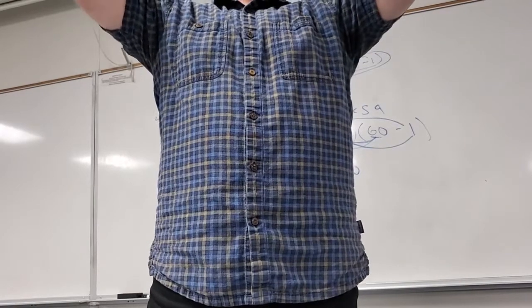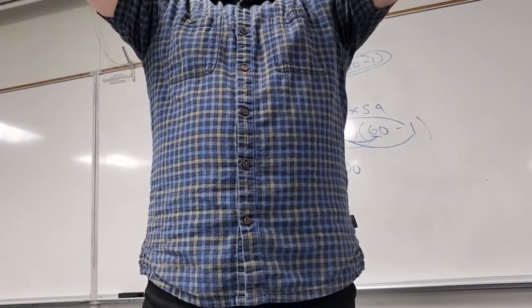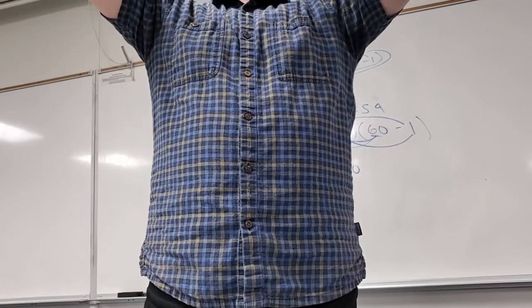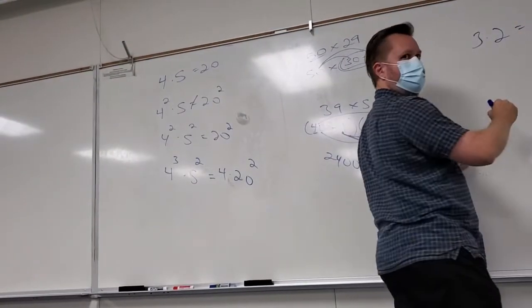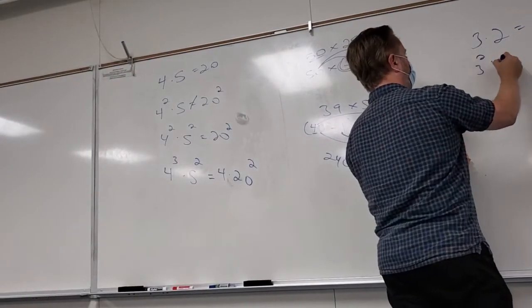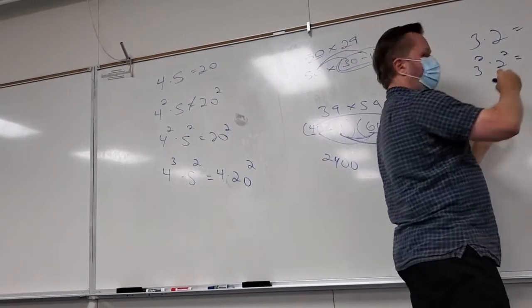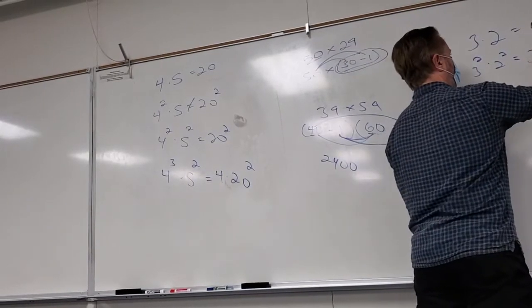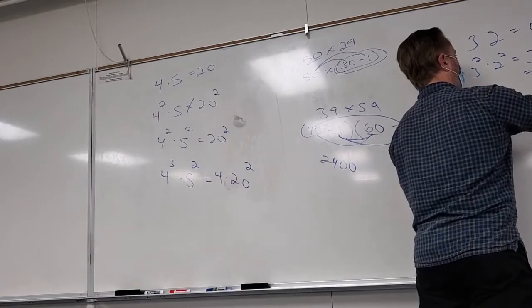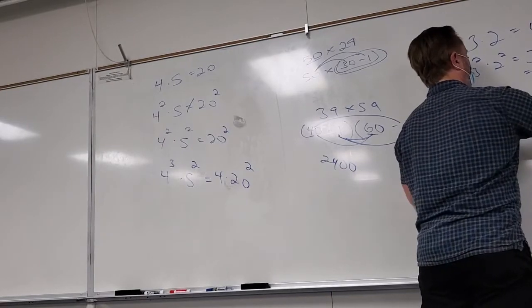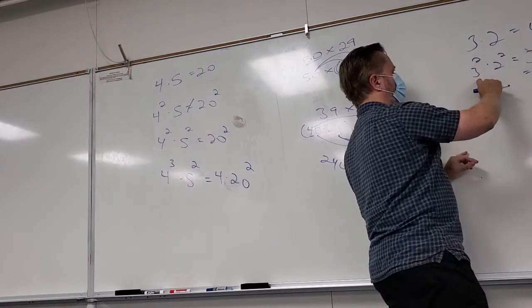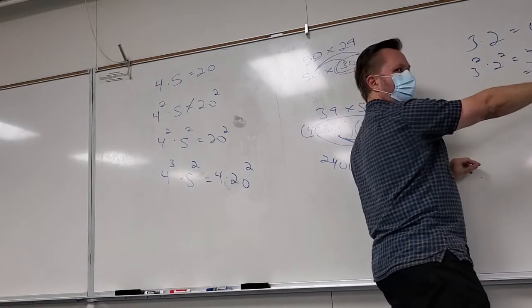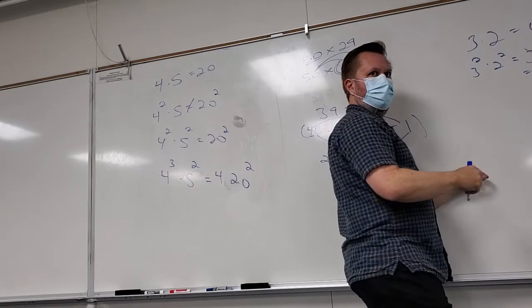I really want this to make sense. One 3 and one 2 makes one 6, yes? Two 3s and two 2s can make two 6s.